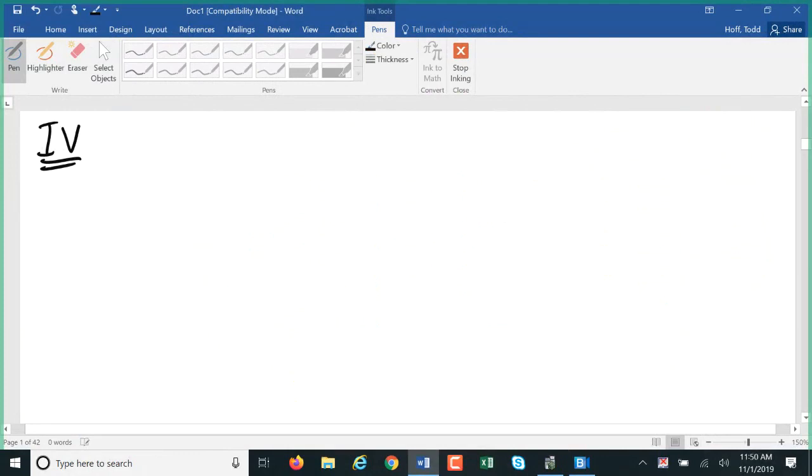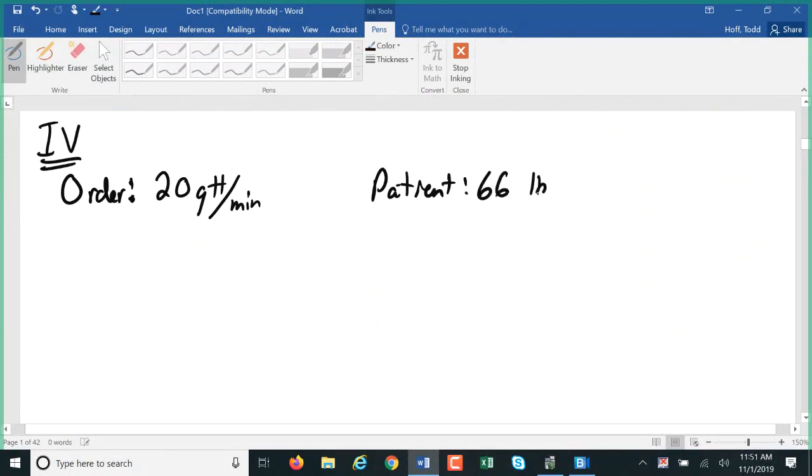Let's double check safe dosages for IVs. Let's say the doctor has ordered to run an IV at 20 drops per minute. Patient, 66 pounds.